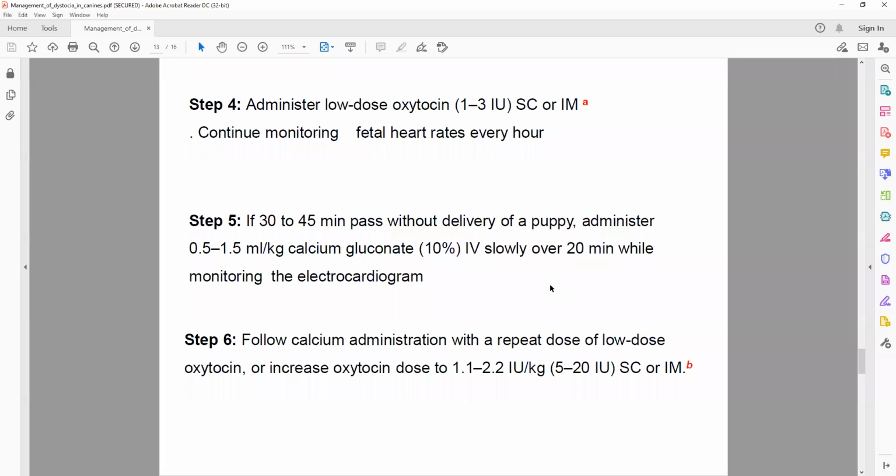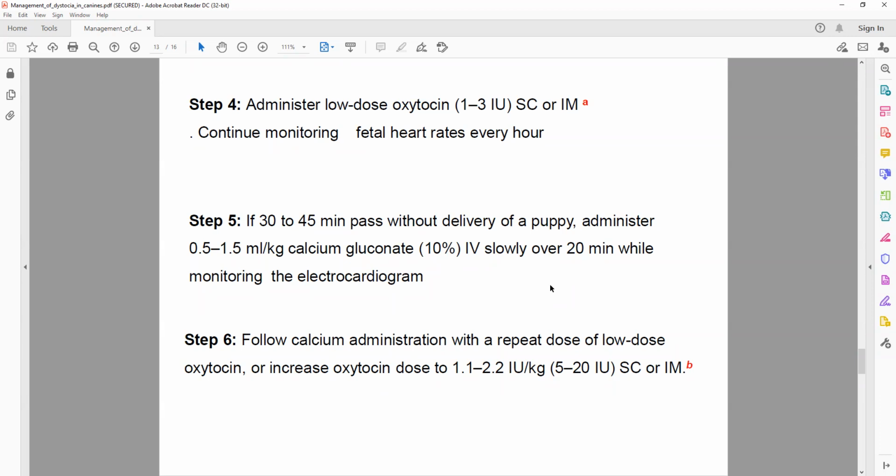Suppose the owner said that yes, he or she has seen the greenish or pinkish normal discharge, it means the cervix is open. Or he or she says that yes, it has delivered one pup 2 or 3 hours or 4 hours back, so now you will be sure that yes, the cervix is open.